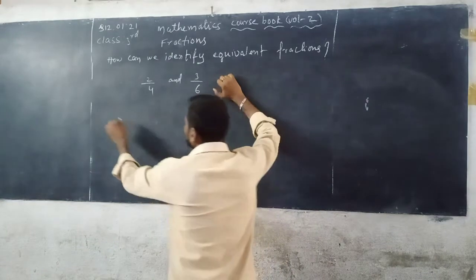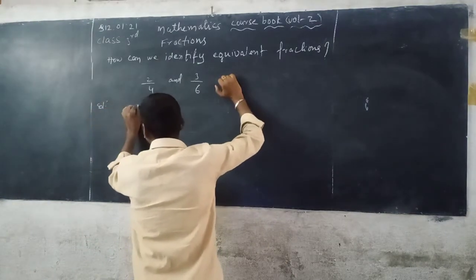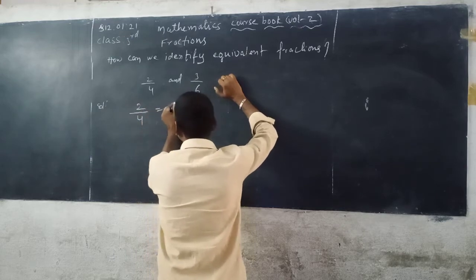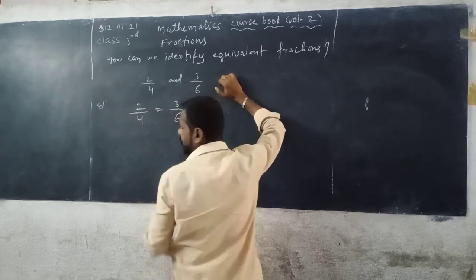See, now I am writing the solution here. 2 by 4 equals 3 by 6. Look at the blackboard.